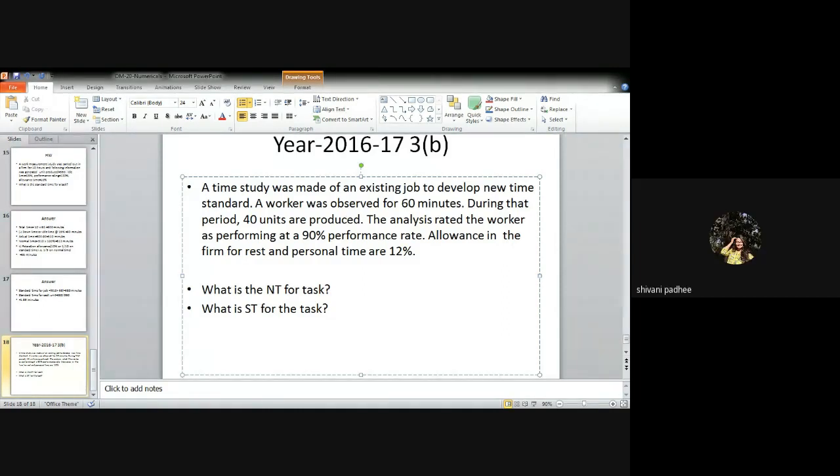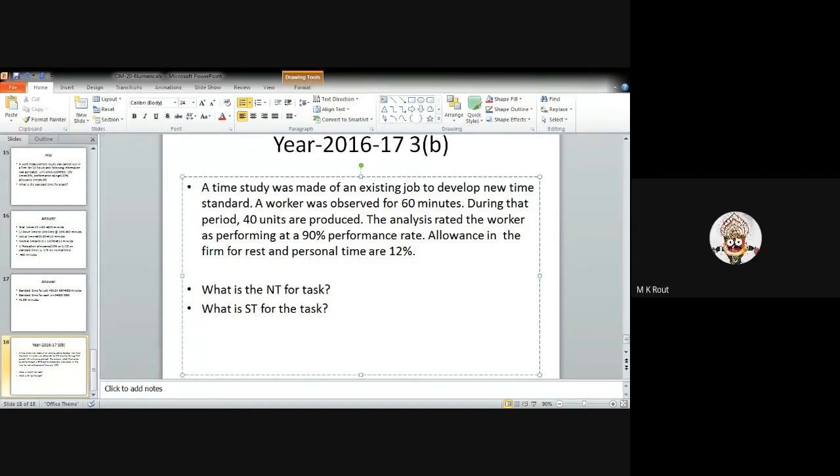As far as the previous one is concerned, in the theory of work sampling we did it in the previous class. Go to step number 7 for calculating normal time. Calculating the percentage of working formula: percentage of working equals the frequency of performance of a task. The task is done by whom? The worker.